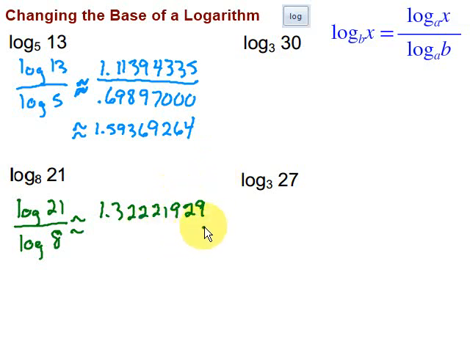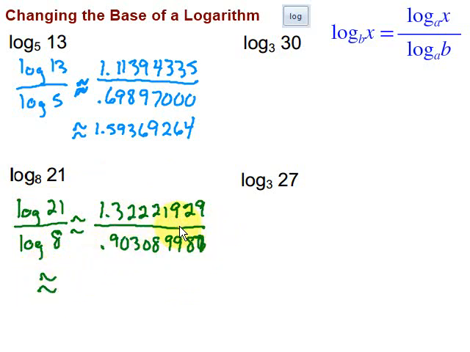All over the log of 8, so it's going to be 0.903089986. Okay, so there are my approximations, and then I do that division.